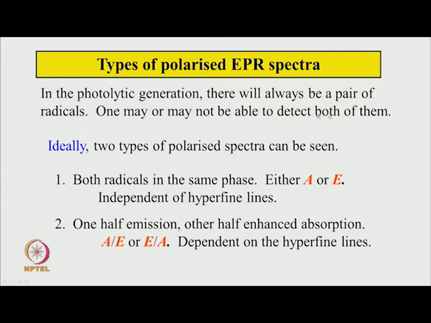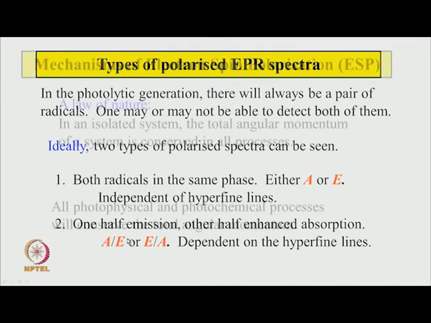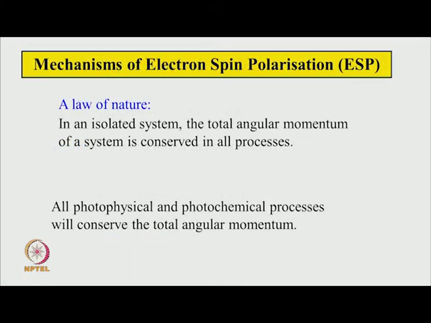One may or may not be able to react both of them; one radical may be more reactive than the other, but there will always be two radicals produced at the same time. And the two types of polarization we have seen are both radicals in the same phase, either both absorptive or emissive, independent of hyperfine line, or one half emission and other half enhanced absorption, either AE or EA. This is the background of the observation.